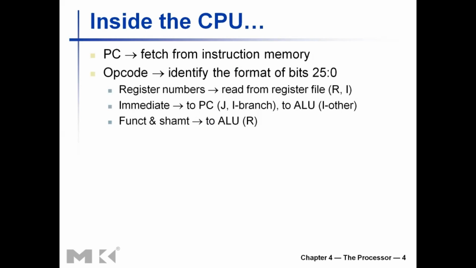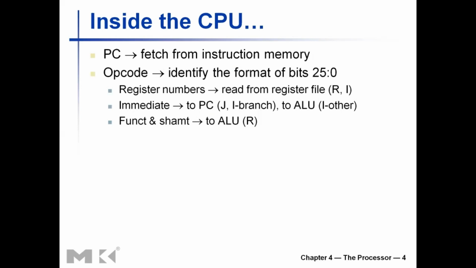Right. So once you have the instruction fetched into the CPU, the next step is to decode this instruction, to understand what the CPU is supposed to do with this instruction. And that is primarily defined by the opcode, operation code, right?